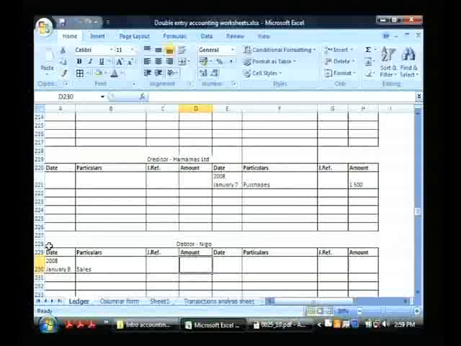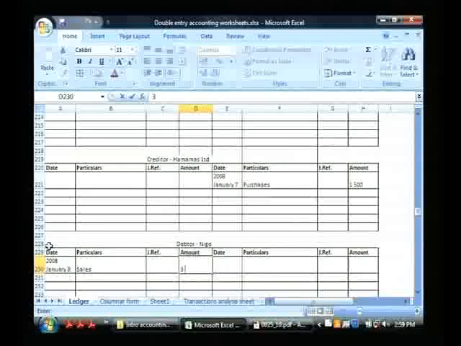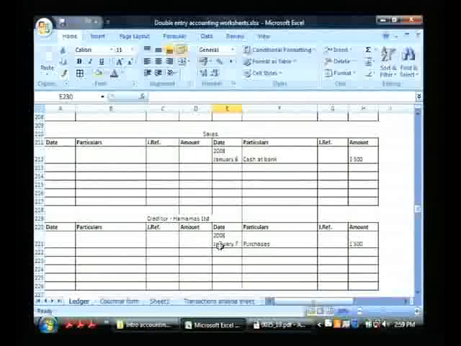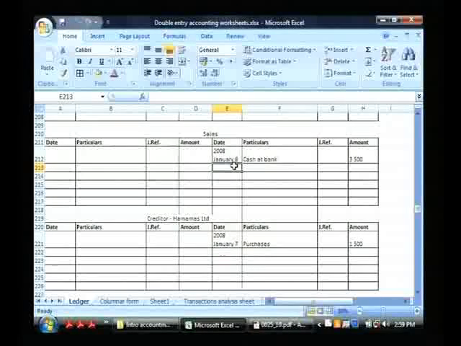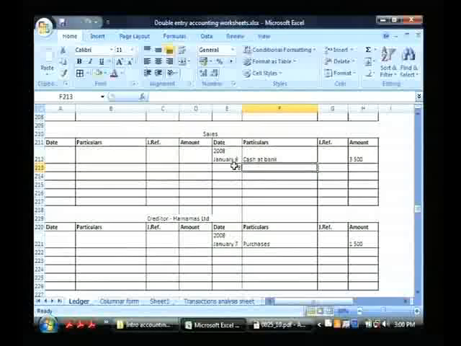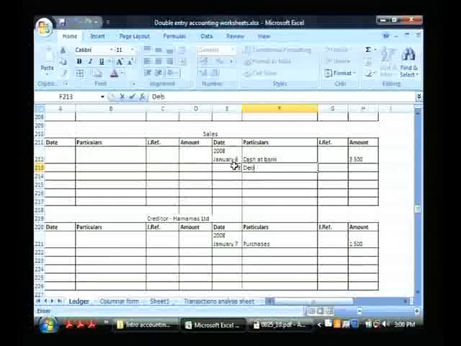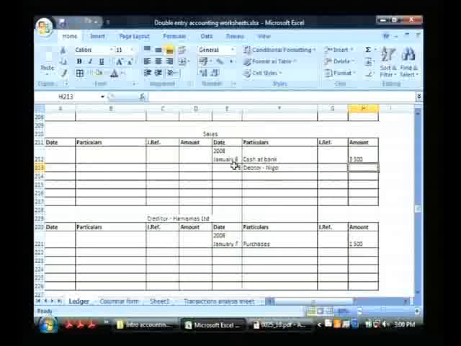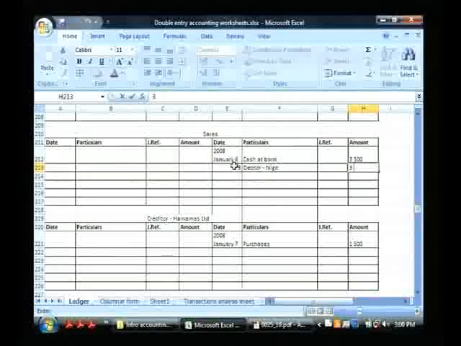Therefore write sales here, amount 3,000, and find the sales account here. 8th, debtor Nego 3,000.